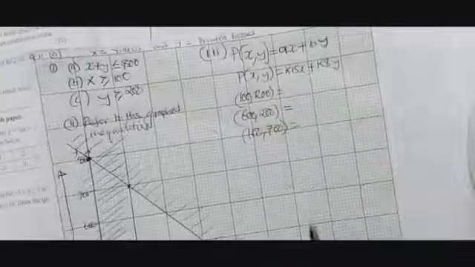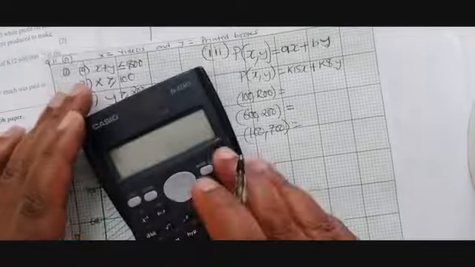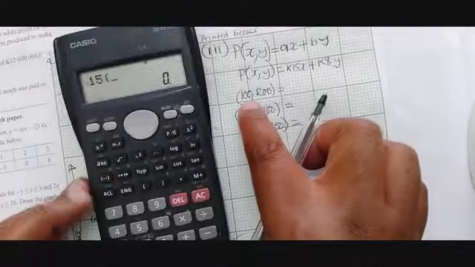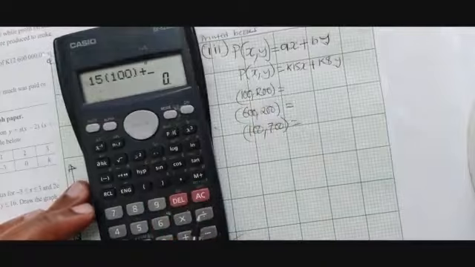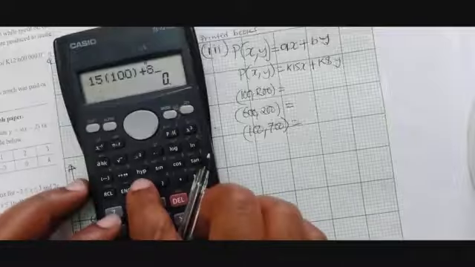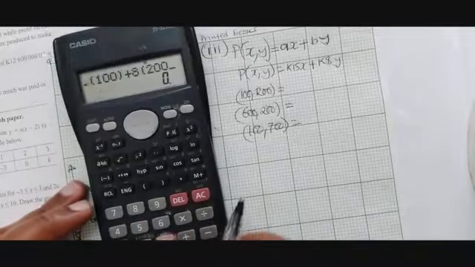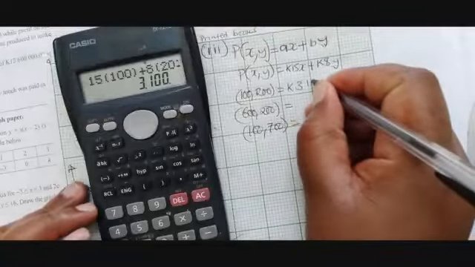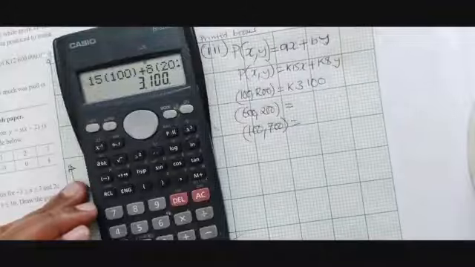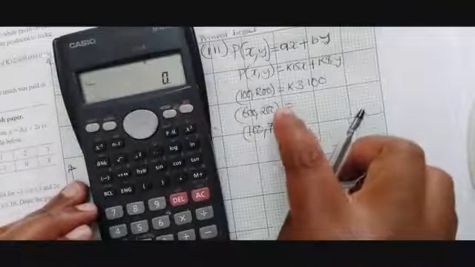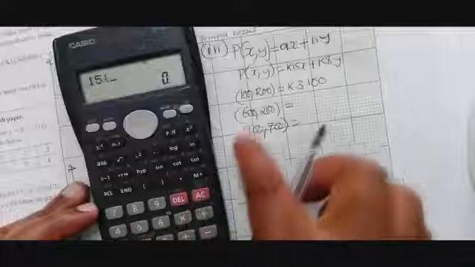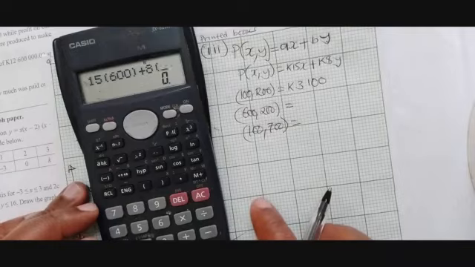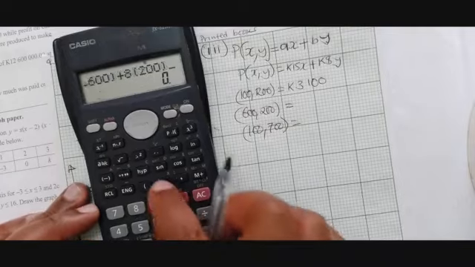Okay, so here you're going to use your calculator. You're going to say 15 kwacha times 100 plus 8 kwacha times 200. What do we get? Here we have 3,100 kwacha. Then you come here. You say 15 times 600 plus 8 times 200.